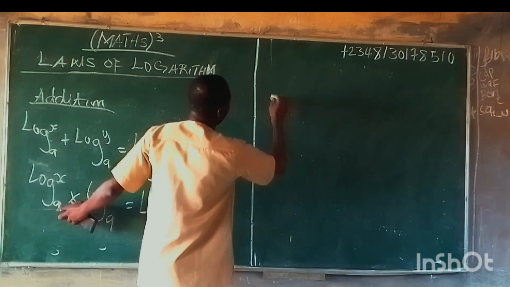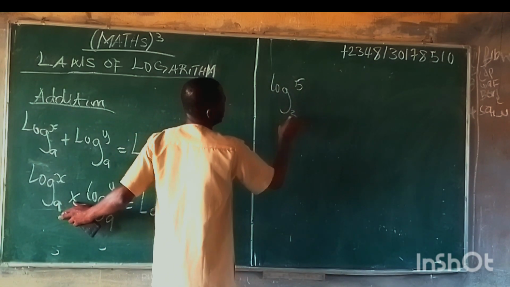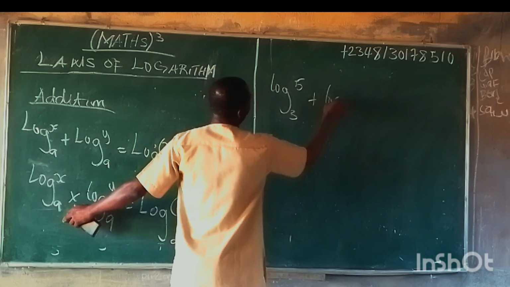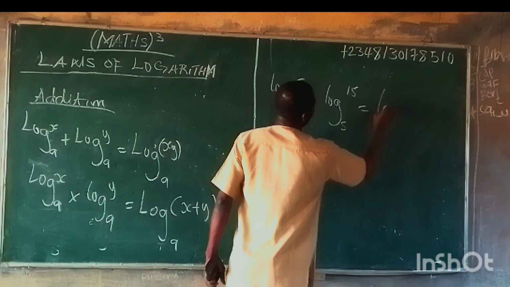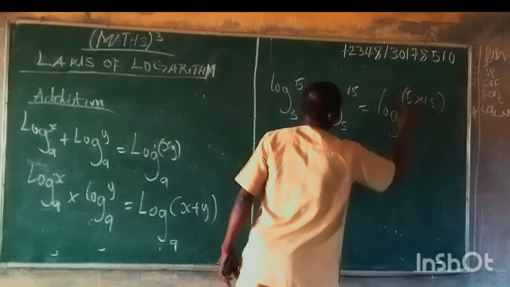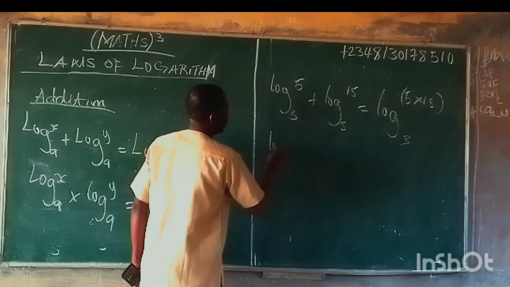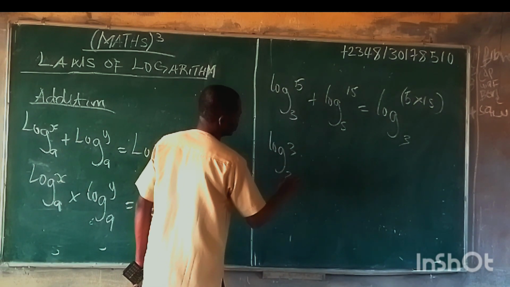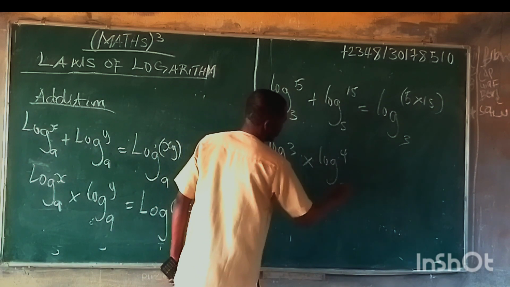You see that? That means that the addition law and the multiplication law work hand in hand. So if you have an example, let's say you have log 5 base 3 plus log 15 base 3. This means log 5 times 15 base 3. Now find out the answer for yourself. Let's say we have log 3 base 2 times log 4 base 2.